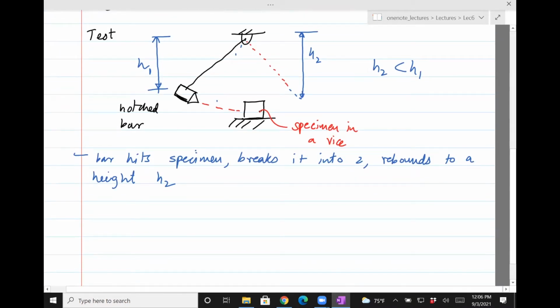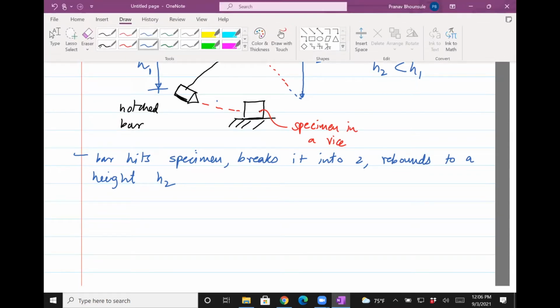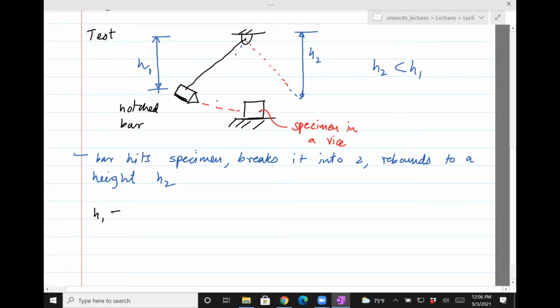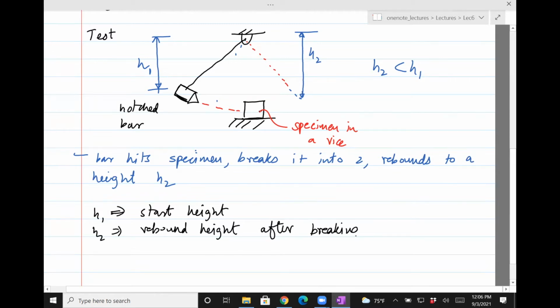So in this case, h1 is the start height, and h2 is the rebound height after breaking the specimen.